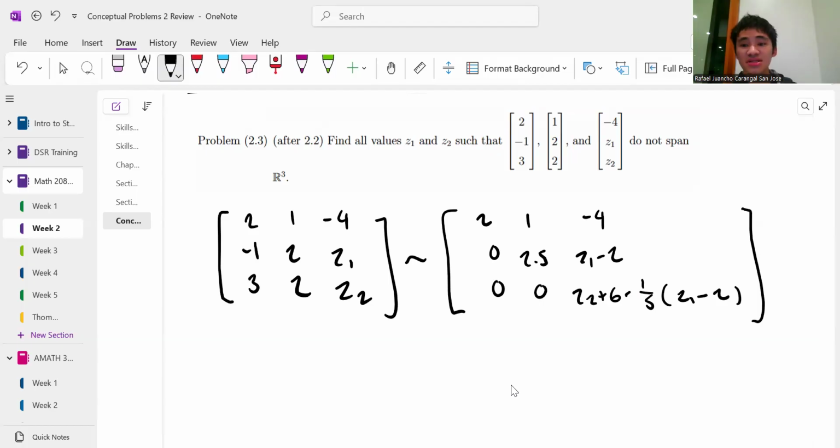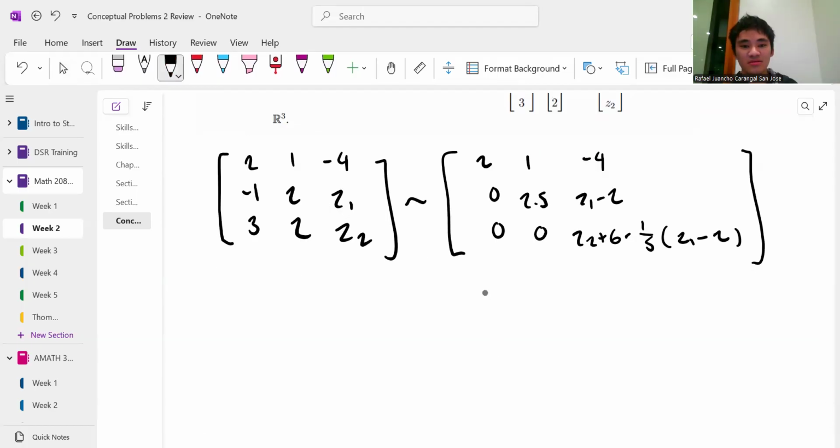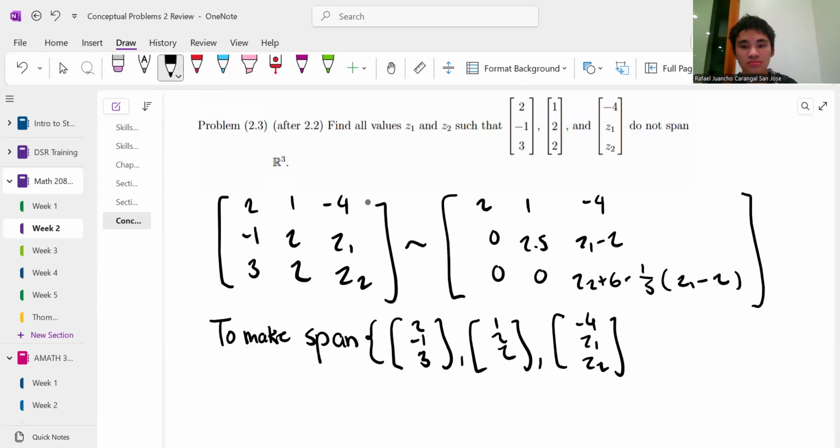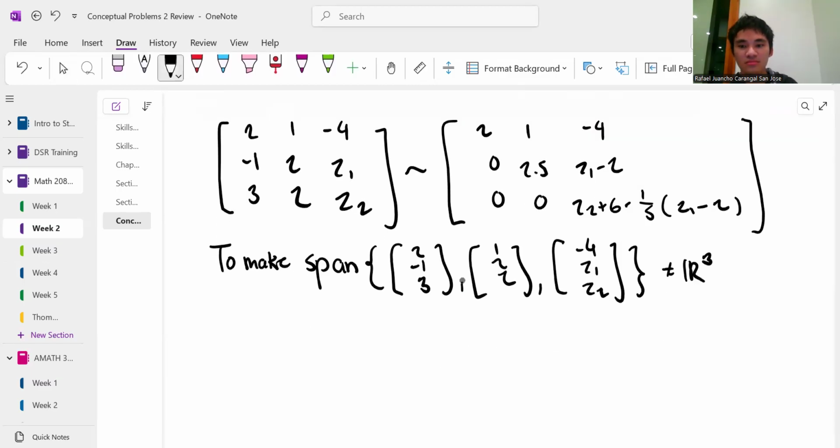Now, how do we make sure this doesn't span R3? To not span, so to make the span of those vectors not in R3, we want this thing, z sub 2 plus 6 minus a fifth of z sub 1 minus 2, to be equal to 0.